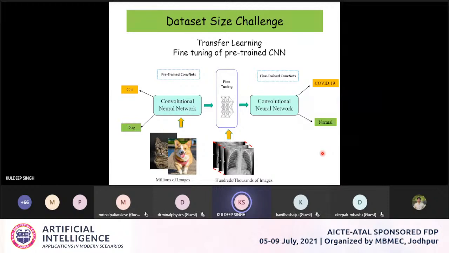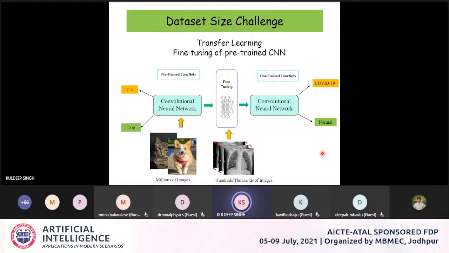In the starting, we might have a very small number of chest X-ray images for the COVID-19 patients. So that problem has to be resolved first before training your models. And we have a solution available in convolutional neural networks. One is transfer learning or fine-tuning of pre-trained CNNs.